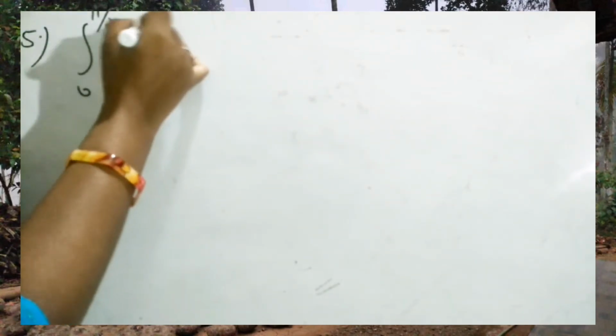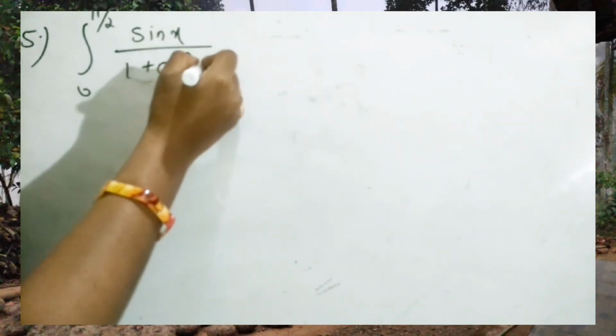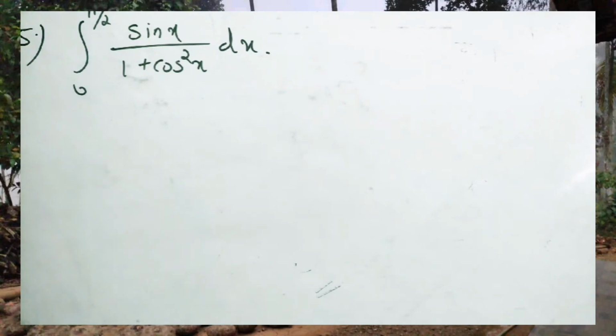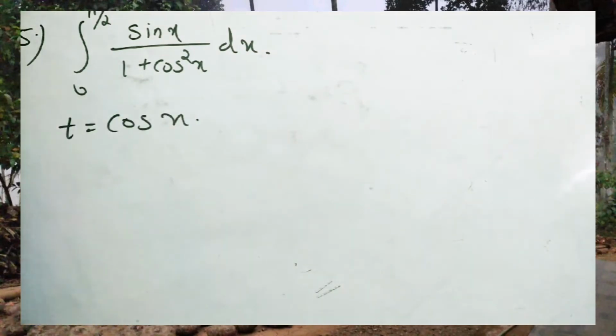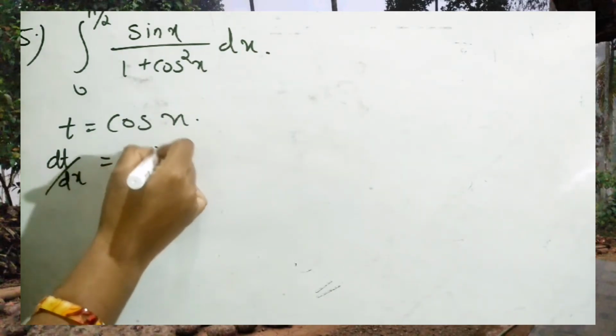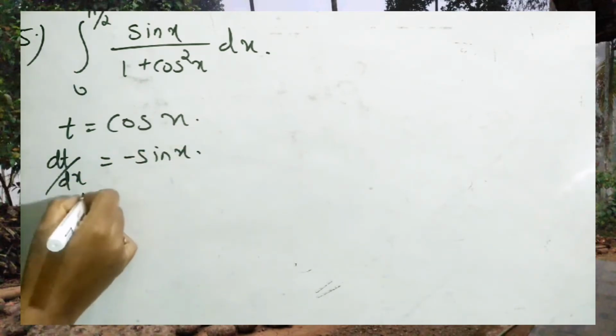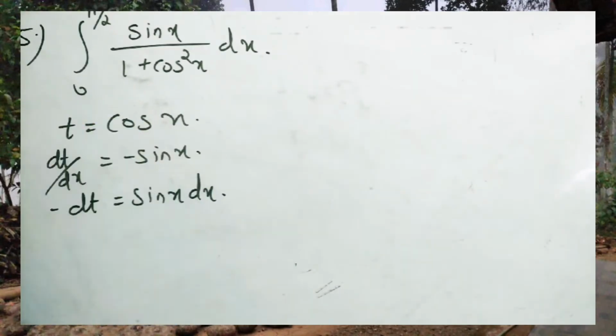Integral 0 to pi by 2 sin x divided by 1 plus cos square x dx. In this, t is equal to cos x. Then dt by dx is equal to minus sin x, that is, minus dt is equal to sin x into dx.